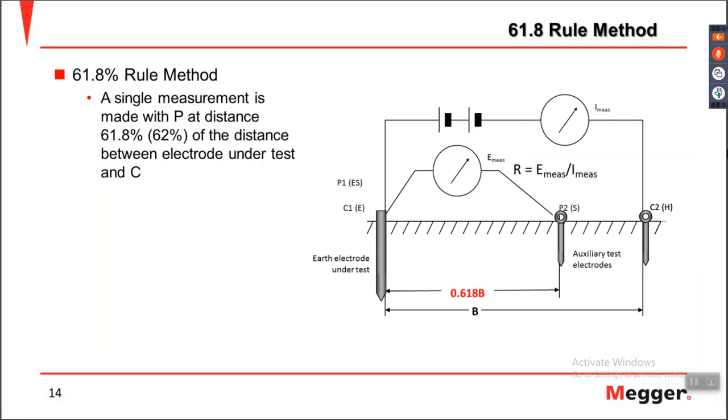Okay, continuing to the next method, the 61.8 rule method, or some people call it the 62 rule method because it is easier to call it that. The 62 rule method just takes one measurement at 62% of the total distance between the electrode under test and the current probe.